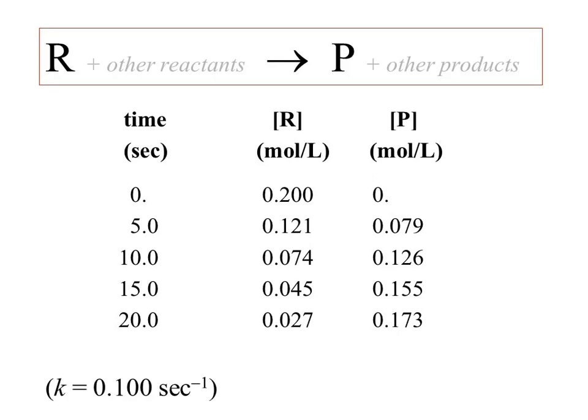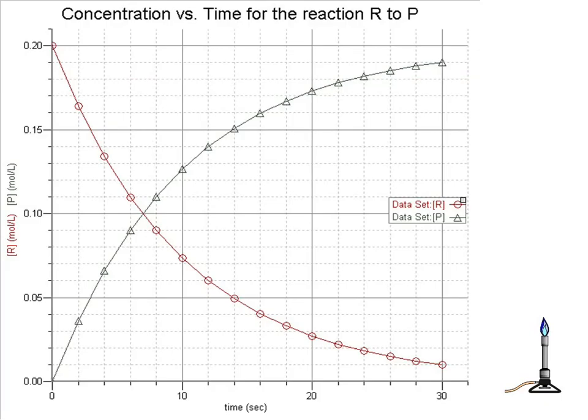We'll talk more about a K later, the rate law constant. The red is the molar concentration of your reactant. The green is the molar concentration of your product.